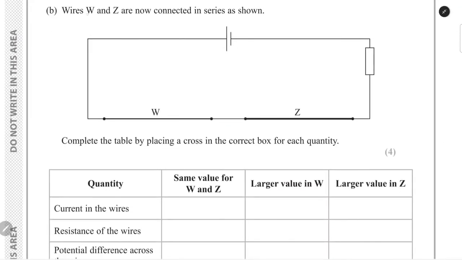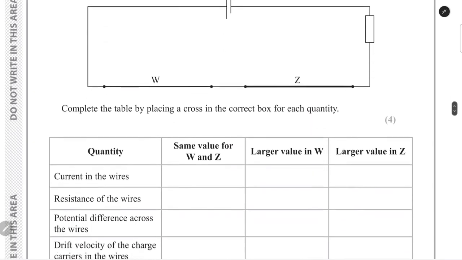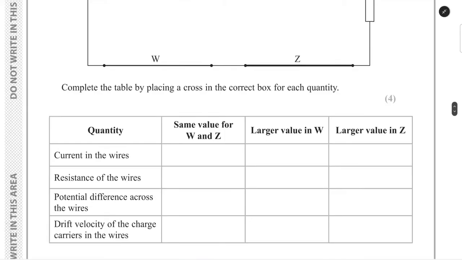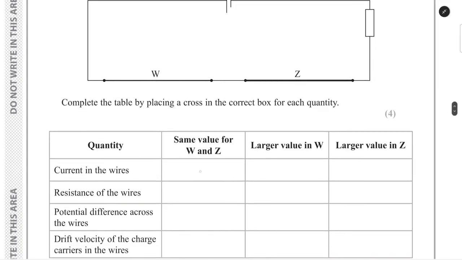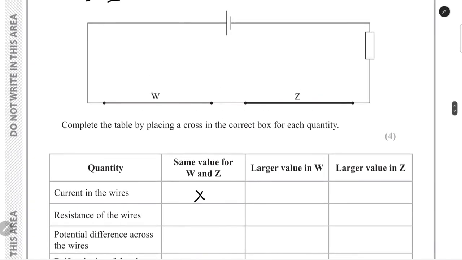Now for part B, the wires are connected in series now. I have to complete the table by placing a cross in the correct box for each quantity. Since they are in series, the current across the wires will be the same. The resistance will depend on rho L by A. They are the same length and the same material, so rho L is a constant.